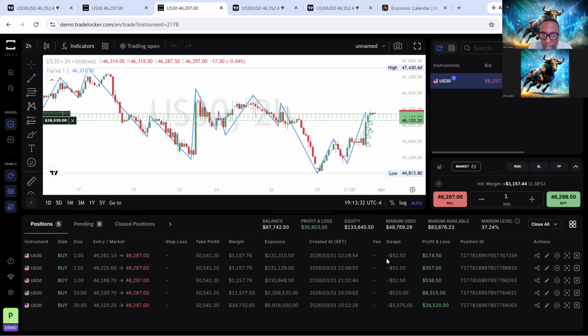Over on the demo side, we're up about 36% on the account, only because I started trading this account earlier than the live account that I'm trading right now for the example. So I'm up 36% on this and up about 27% on the live account.